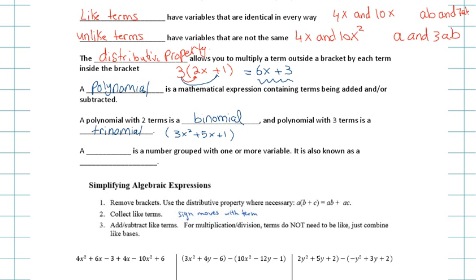Let's say I have this, for example. I know what you're trying to ask. I don't call this a trinomial because 3x squared and 2x squared are like terms. So I have to put them together, which means I have 3 of them and 2 of them, so that makes it 5x squared plus 1.